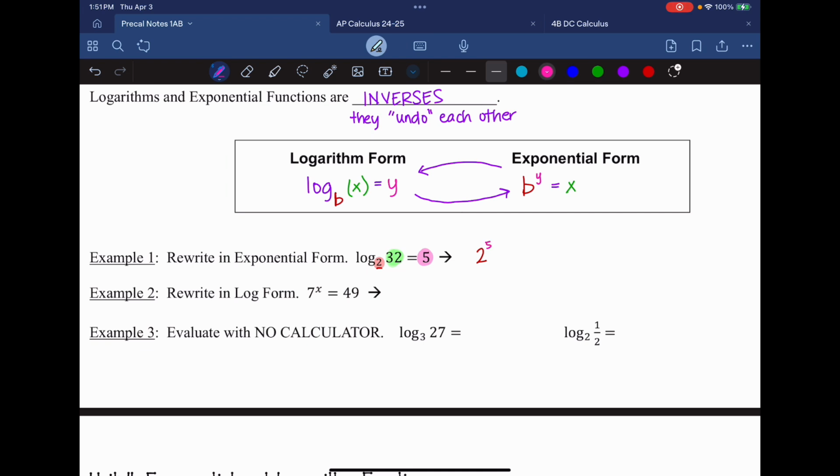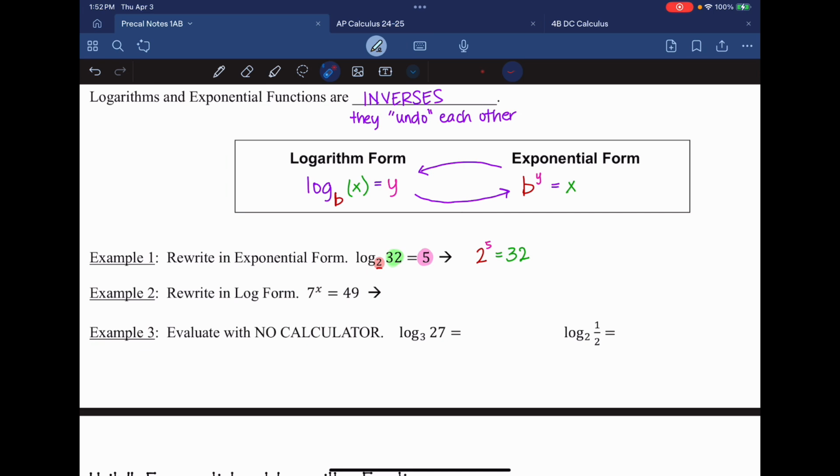My power is going to be the 5. And 2 to the 5th is equal to 32. So this relationship between these two functions is what can't be described using addition and subtraction. It's just a pattern that somebody found. So recognizing the pattern is what you need to be able to do.